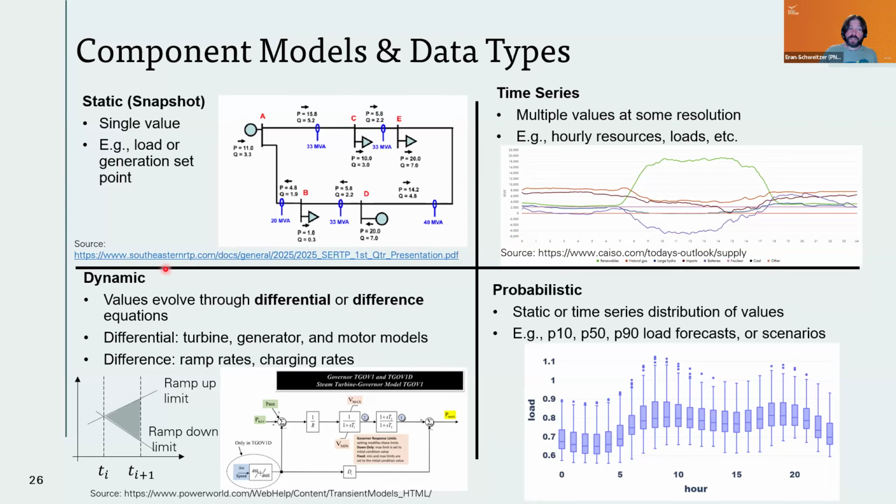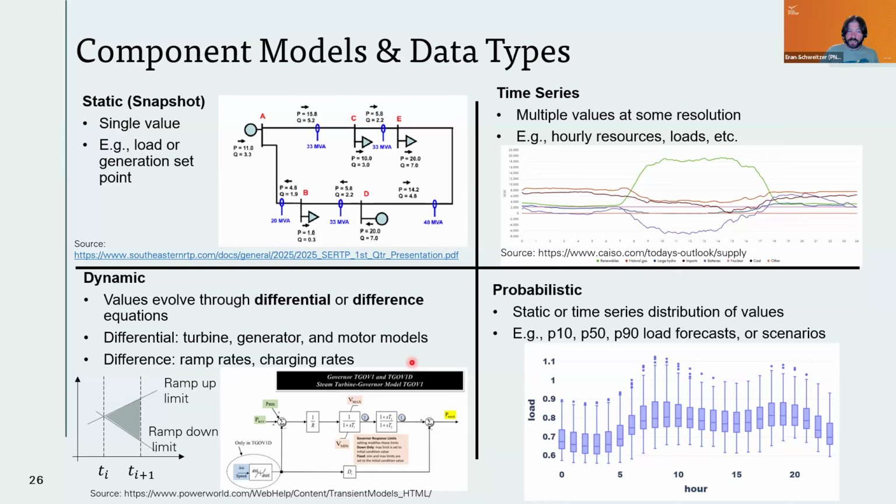We also see dynamic data, and this is different from the time series data in that the model itself evolves the values through either differential or difference equations through the simulation. In terms of differential data, that's your classic dynamic system. So you see this kind of block diagram over here of a turbine or generator motor models.